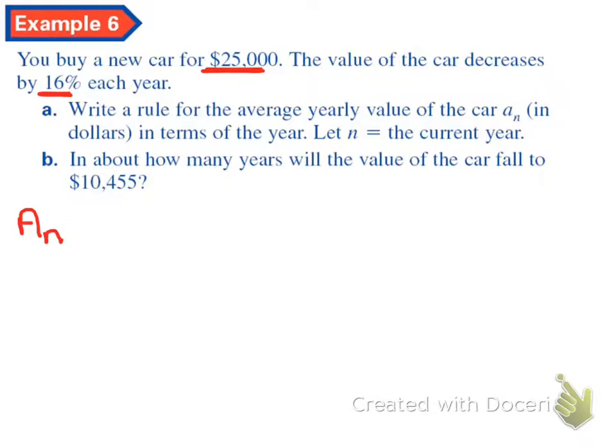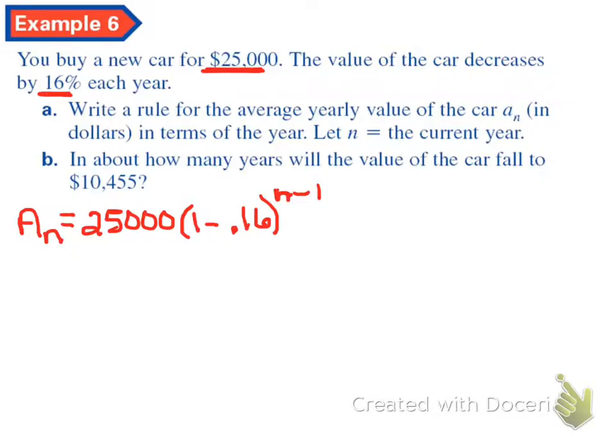So in a year, the value of the car would be equal to the original $25,000 that we started with, times the rate. Now the rate is decreasing, so it would be 1 minus the 0.16, the rate of decrease, raised to the power of n minus 1.